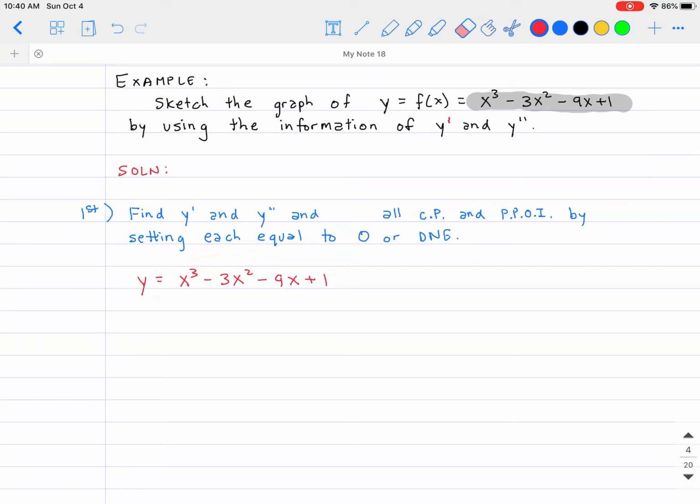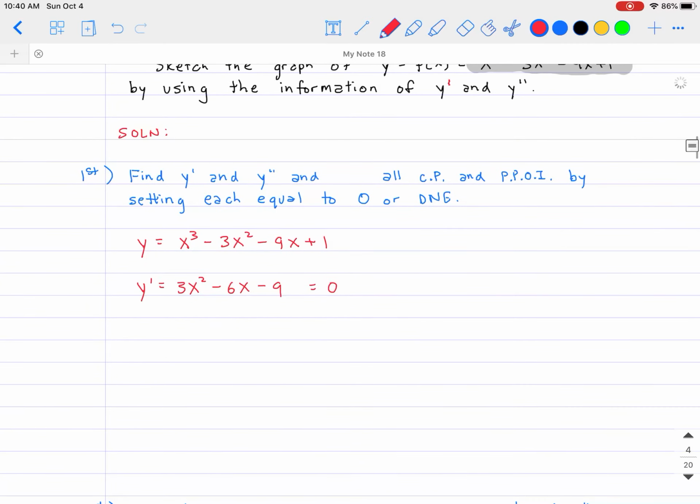So here in the first case, we're going to solve for the first derivative. y prime is going to be equal to 3x squared minus 6x minus 9. Then I'm going to set that equal to 0 to locate all of those critical points, okay? Because that's where we're going to find our local maximum or local minimum.